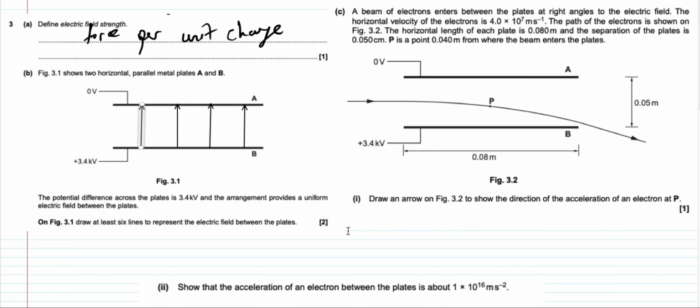Right? And in essence, you can see that when you have a parallel plate scenario, or two parallel plates, that is telling us that our electric field strength will be a constant value wherever you are in between the plates. All right, so that's where you'd have gotten your 2 marks from.